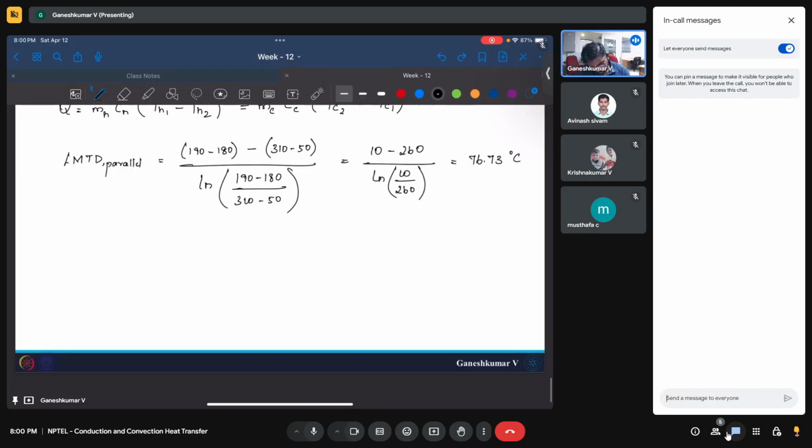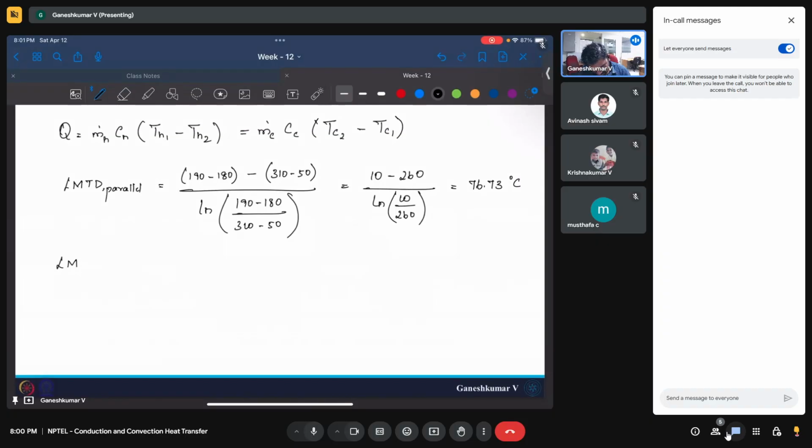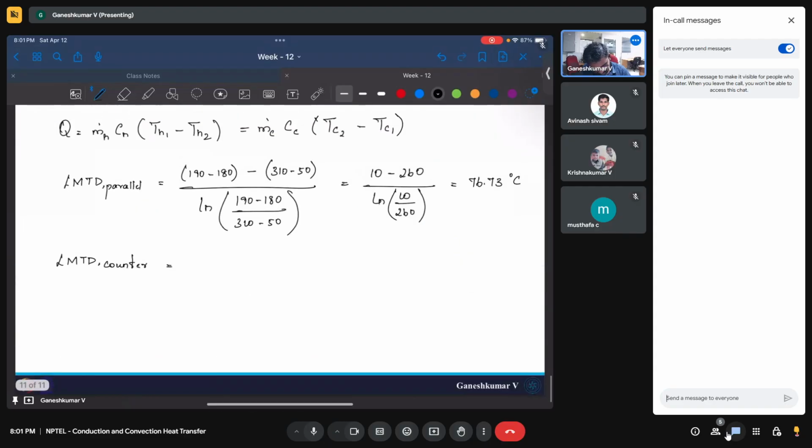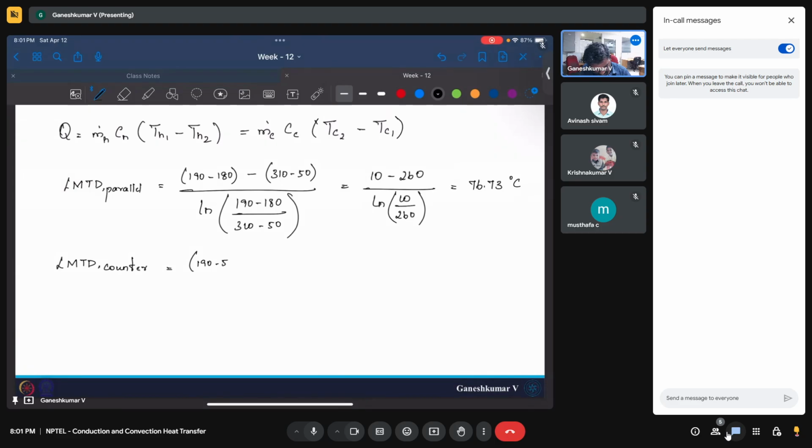Now, similarly, you can find LMTD of counterflow, which is going to be 190 minus 50 minus 310 minus 180, whole divided by natural log of 190 minus 50 divided by 310 minus 180.